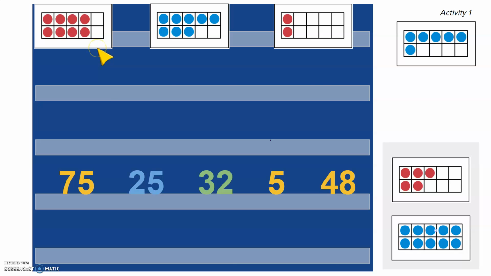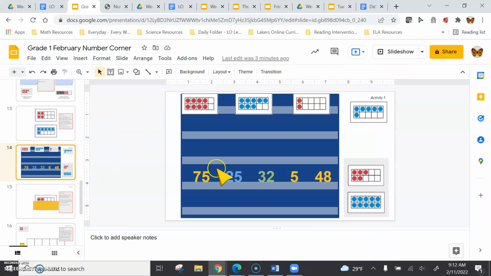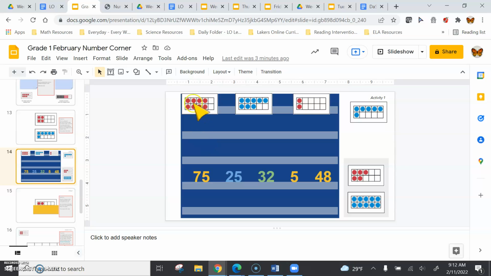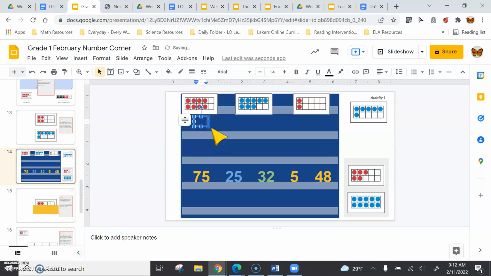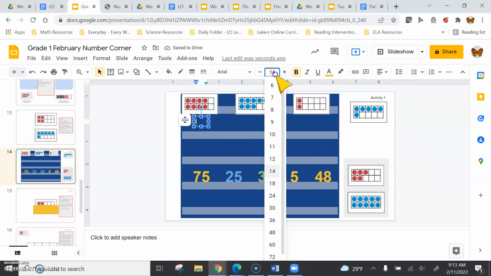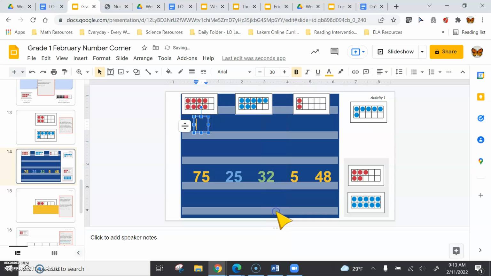We have been doing activities with these 10 frame cards where we put how many dots we see on each frame and help us actually count all of these together. So we're going to do that now. I'll make it nice and bright and big enough so that you can see them as well. So on this first frame here, we have how many red dots?